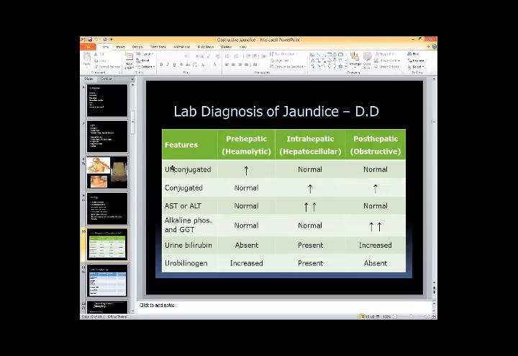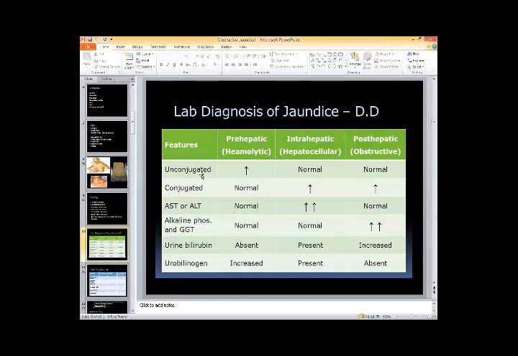So as we know, there is jaundice, so bilirubin level would be high in jaundice, like in pre-hepatic, in hepatic, and post-hepatic, all bilirubin level will be higher. Then we'll see whether it is conjugated bilirubin or unconjugated bilirubin.